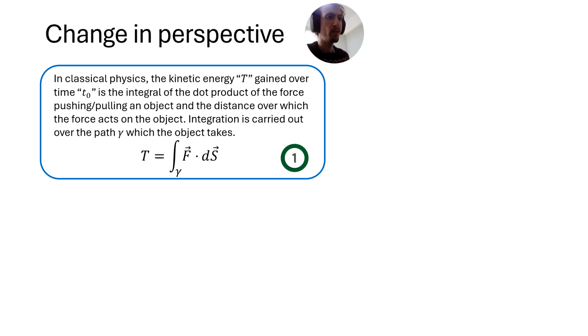So to begin with, we're looking at kinetic energy in classical physics. Now, in classical physics, we define kinetic energy as a path integral of the force acting on the particle and the displacement of the particle along some curve. Now, the curve I've taken to be gamma, that's just my symbol for the curve.